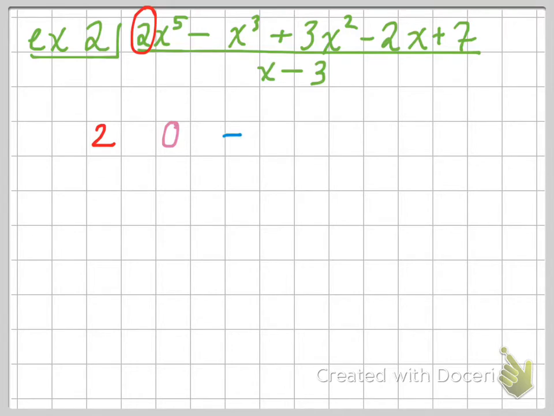So then the next term would be the minus 1 from my negative 1 x to the third. Next we have a 3. Next we have a negative 2.